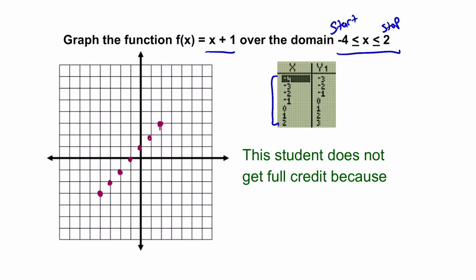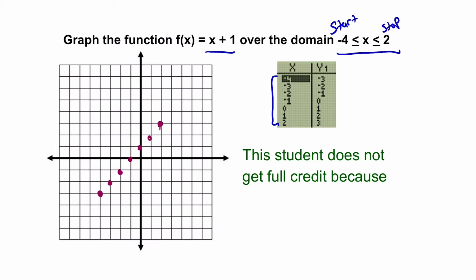If I had a ruler, I would draw a perfectly straight line from here to here. Let's say I put arrows to mean that my line would just keep going forever. So if I was to draw my line like this, imagine that it's perfectly straight, I could say, if I was a student, this student does not get full credit because I did not graph over the domain that they told me to.